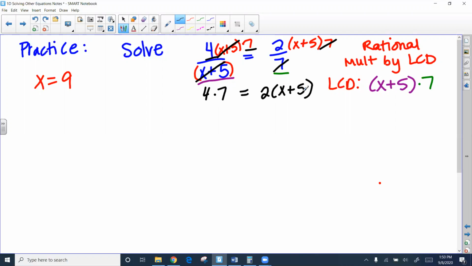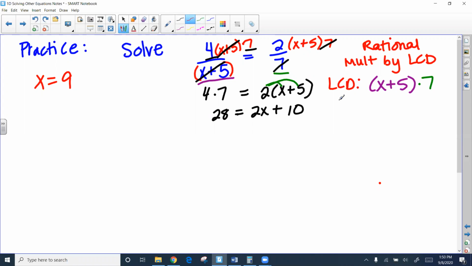So then I simplify each side. This side, 4 times 7 is 28. On the right side, I just need to distribute that 2. That's another reason I like to write the denominator like that in a parentheses, the x plus 5. So I make sure I distribute, and that gives me 2x plus 10.